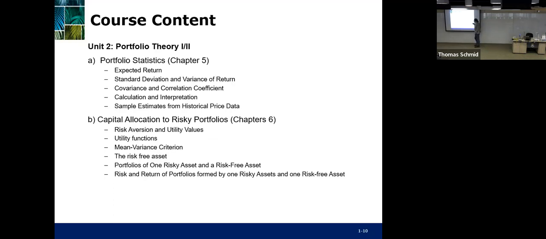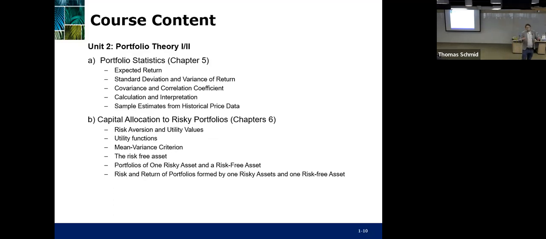So in Unit 2, we will move on from our general introduction to probably the first core part of the lecture, which is portfolio theory. Okay? So first, I will start with a relatively simple overview on portfolio statistics. And I say simple because most of that is something that is already known to you.